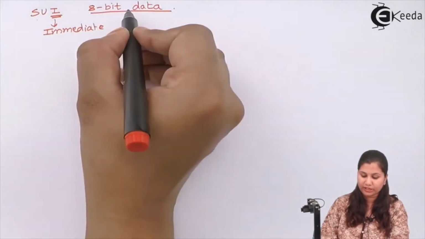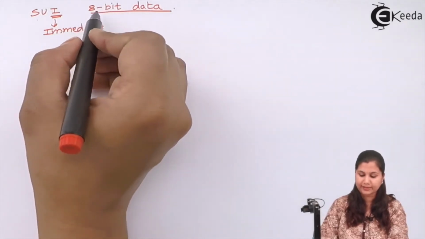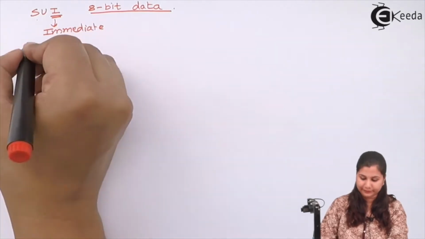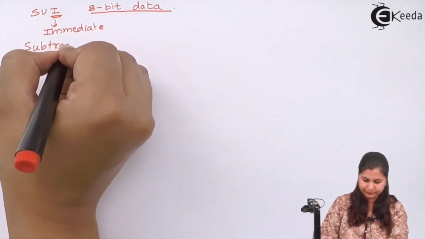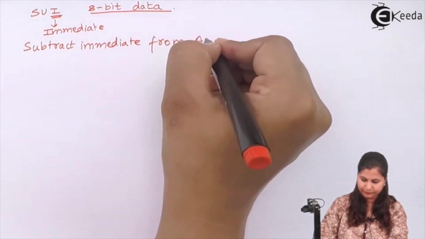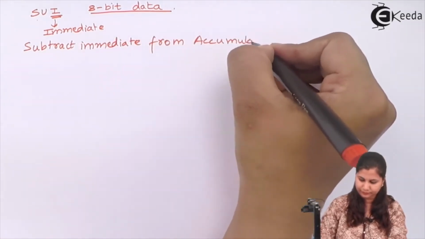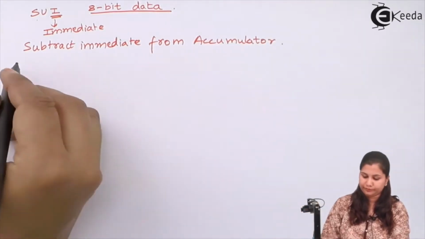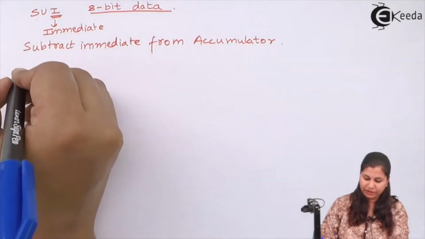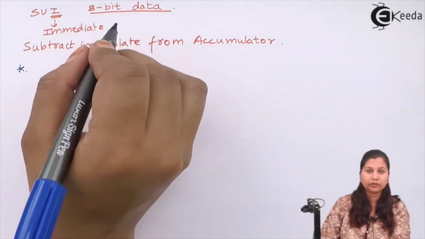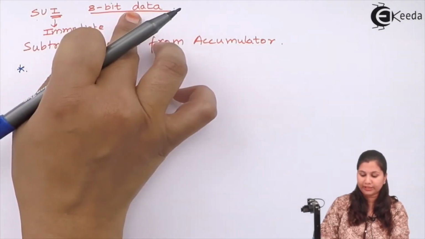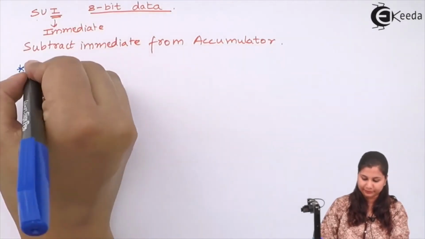So what this instruction does is subtract this 8-bit data from the accumulator. So this is subtracting the immediate data from the accumulator. No borrow flag, you don't have to consider the borrow flag in this. Only this data and the accumulator.